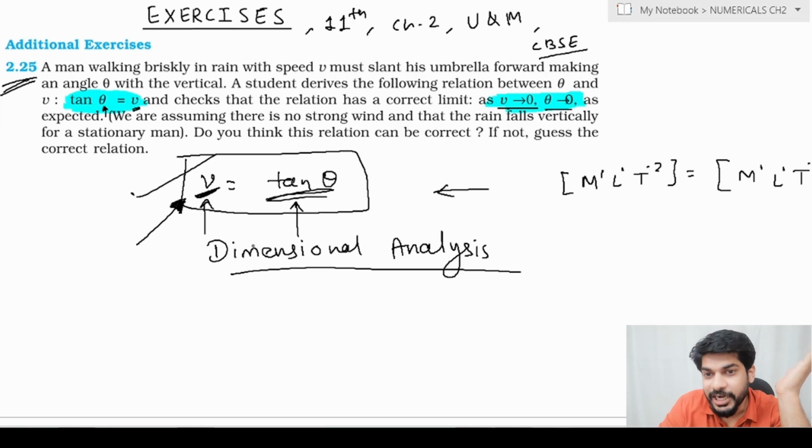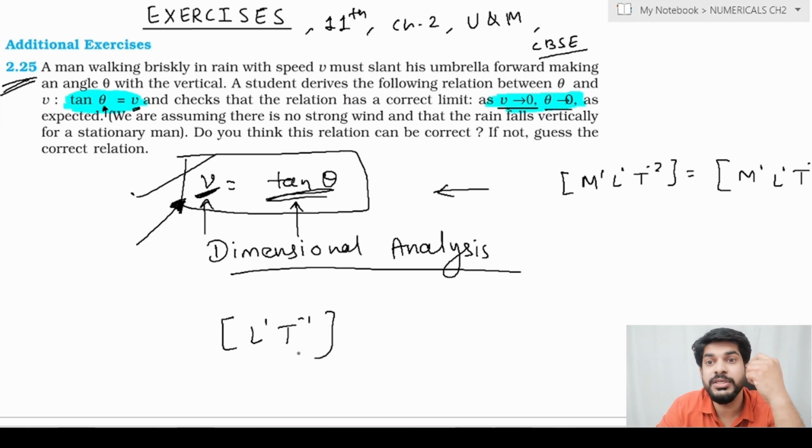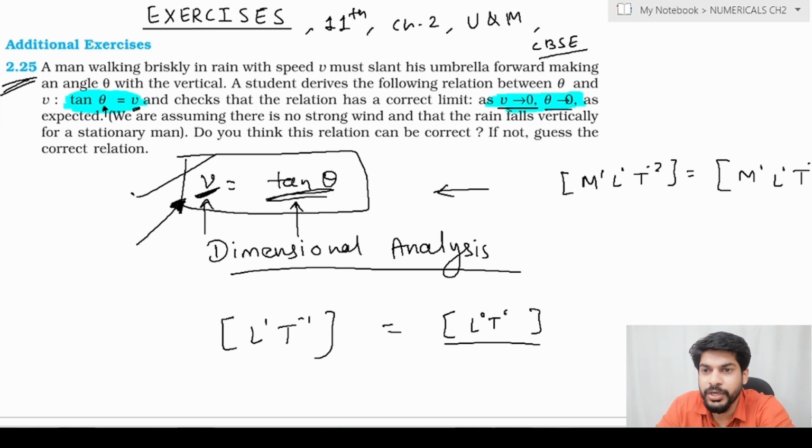So the LHS has dimensions L^1 T^-1, because it's velocity, length upon time, and the RHS has no dimensions, that is L^0 T^0 M^0. There is no dimension on the RHS, and the LHS has this dimension.